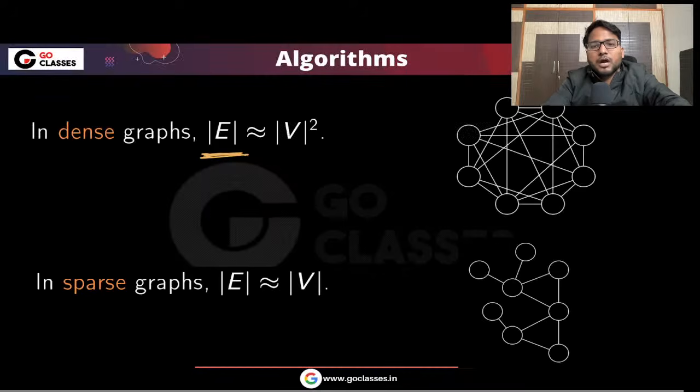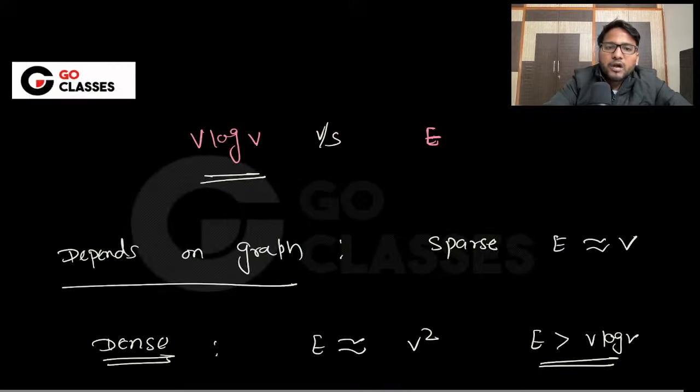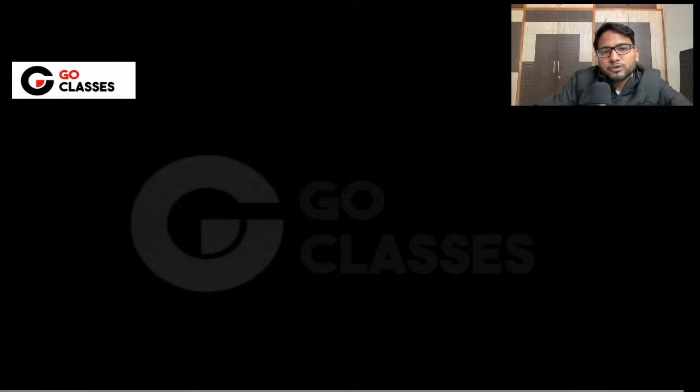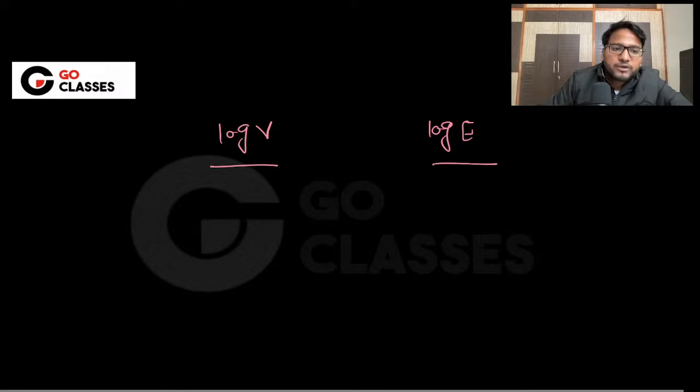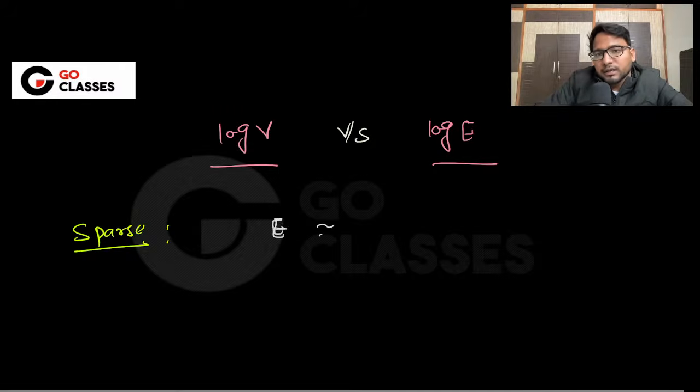Cool. Now let's go to the next slide. If I ask you which one is greater, log V or log E? Interestingly, in the sparse graph, assuming it is a connected graph, E could be just V, so log V and log E are the same.